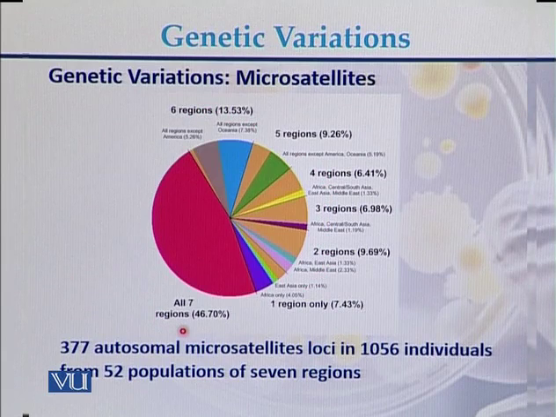It has been observed that when including all 7 regions, the variation between the microsatellite markers was 46%, while for different regions, for example region 1, it was 7.43, in region 2, 9.69, and so on for regions 3 to 6 separately. But by including all the data, the variation of these autosomal microsatellite markers was 46%.